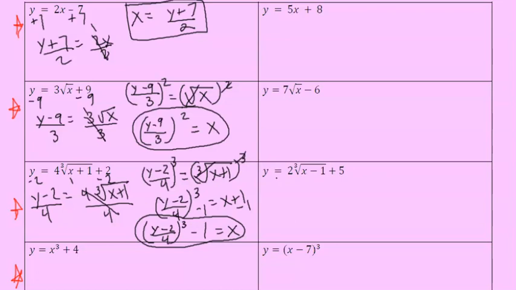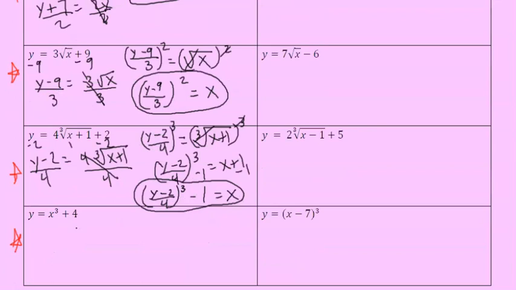Pause the video, try the next one. Y equals 2 times the cube root of x minus 1 plus 5. Let's look at this one. Y equals x cubed plus 4. Subtract 4 from each side. Y minus 4 equals x cubed. To get rid of a cube, we exponentiate each side by that reciprocal, 1/3.